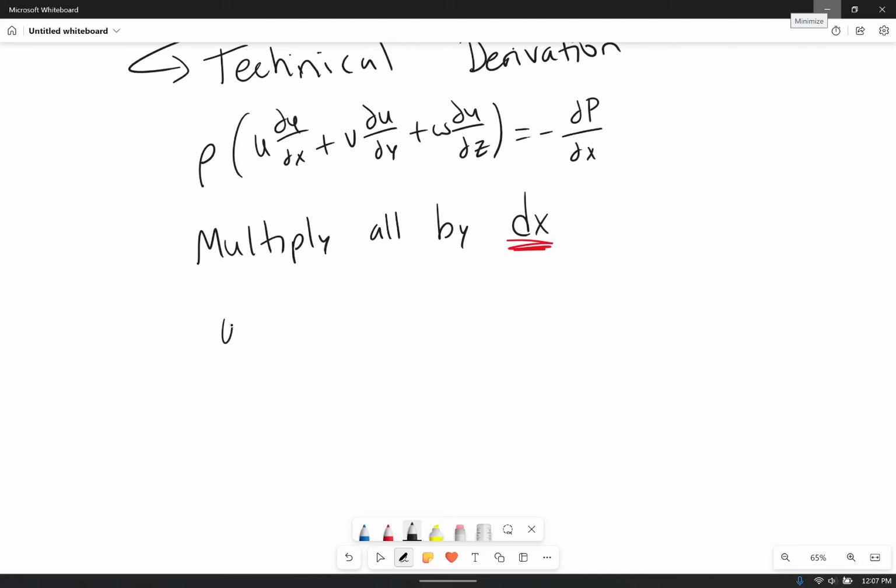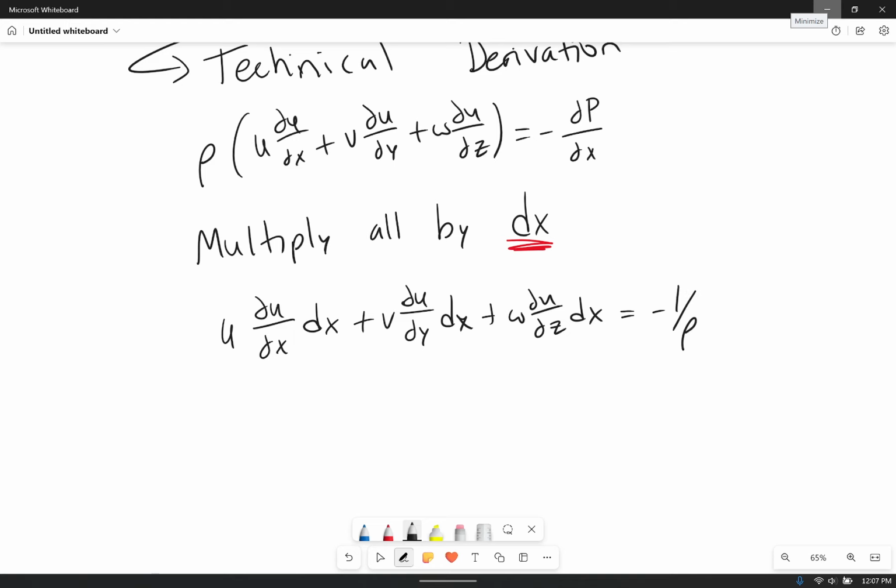So what I get is u ∂u/∂x dx plus v ∂u/∂y dx, still x's, plus w ∂u/∂z dx. I do my best here to say dels where they're supposed to be dels and d's where they're supposed to be d's. It's going to be equal to negative 1 over rho ∂p/∂x dx.